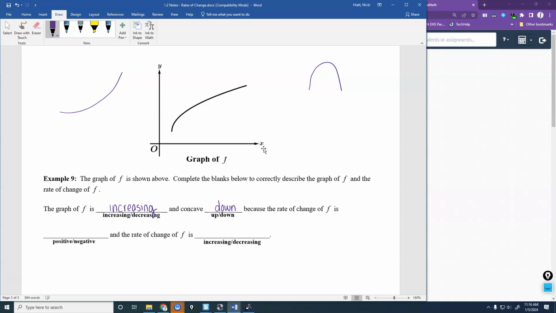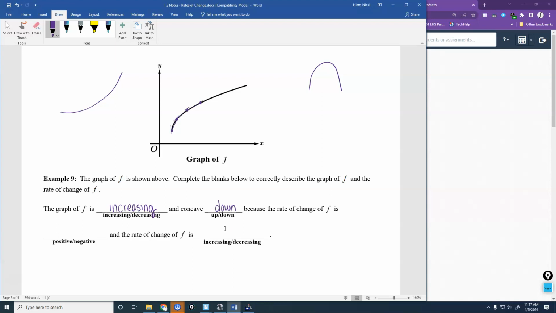But on the next part, it's not asking us about what we're looking at, because the rate of change of f is blank, and the rate of change of f is blank. So our rate of change here, we need to think about positive or negative. We can think of it a couple ways. We can either think about doing our little tiny slopes like we've done, or, since we've talked about it, we could talk about the slope of those tangent lines at that point.